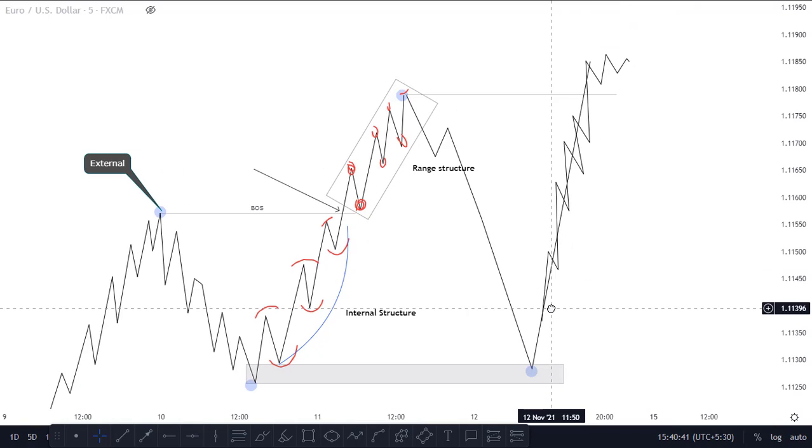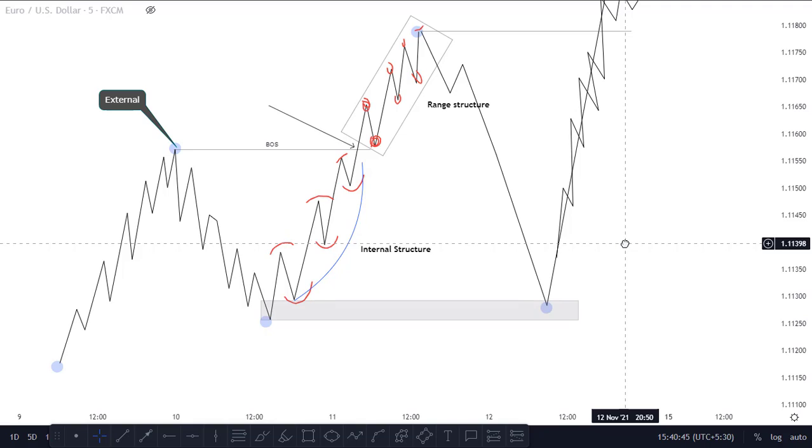So the purpose of today's video was to show you exactly the anatomy of the range. We'll use synthetic indices and forex charts to show you exactly what we mean by this.